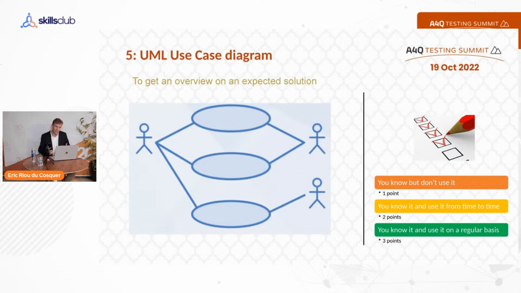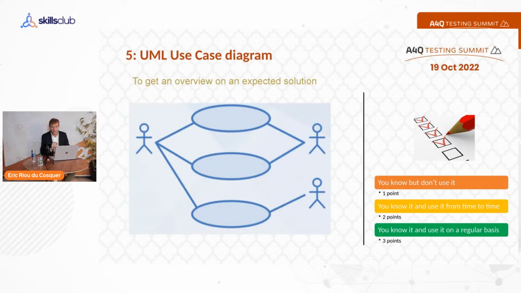And it's clear that the use case diagrams are very, very useful, particularly at the beginning of the project, to quickly get an overview about the expected solution. What do we have on a use case diagram? We are supposed to have the actors, so the different types of users of the expected solution. We also have, of course, the use cases corresponding basically to the main functions of the application.